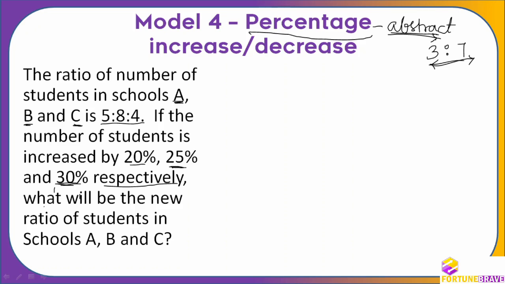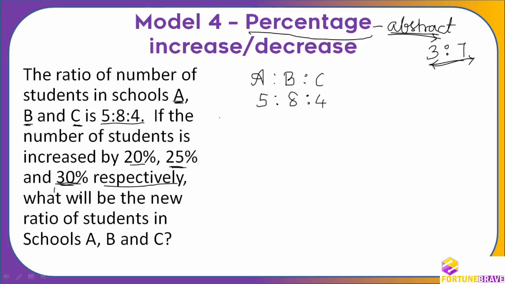So if A is increased by 20%, B is increased by 25% and C is increased by 30%, what will be the new ratio of students in schools A, B and C? So let us see how to solve it. First let us take the ratio 5:8:4.